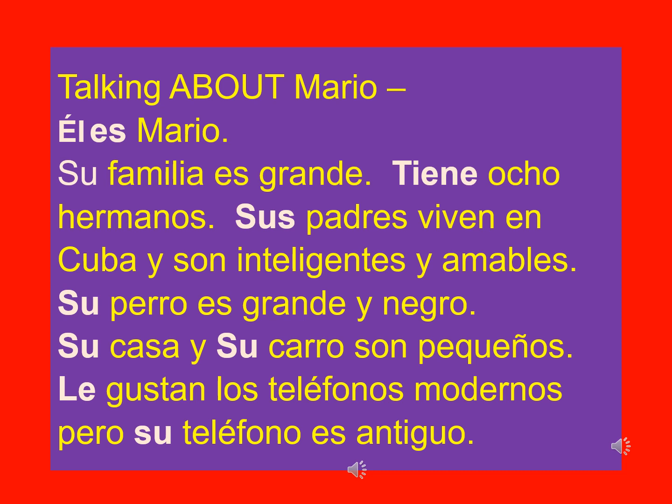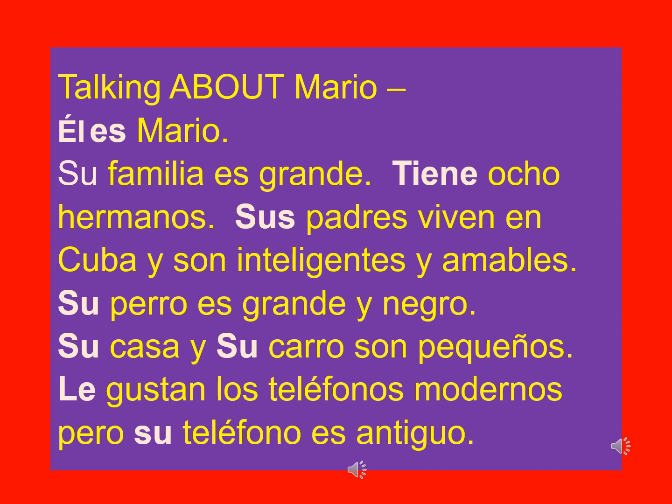Él, I'm omitting, tiene 8 hermanos. So you may omit the subject in Spanish, but you have to think it because you have to put the verb in the correct form based on whatever the subject is. So, él tiene 8 hermanos. Sus padres, sus agreeing with padres, viven en Cuba y son inteligentes y amables.